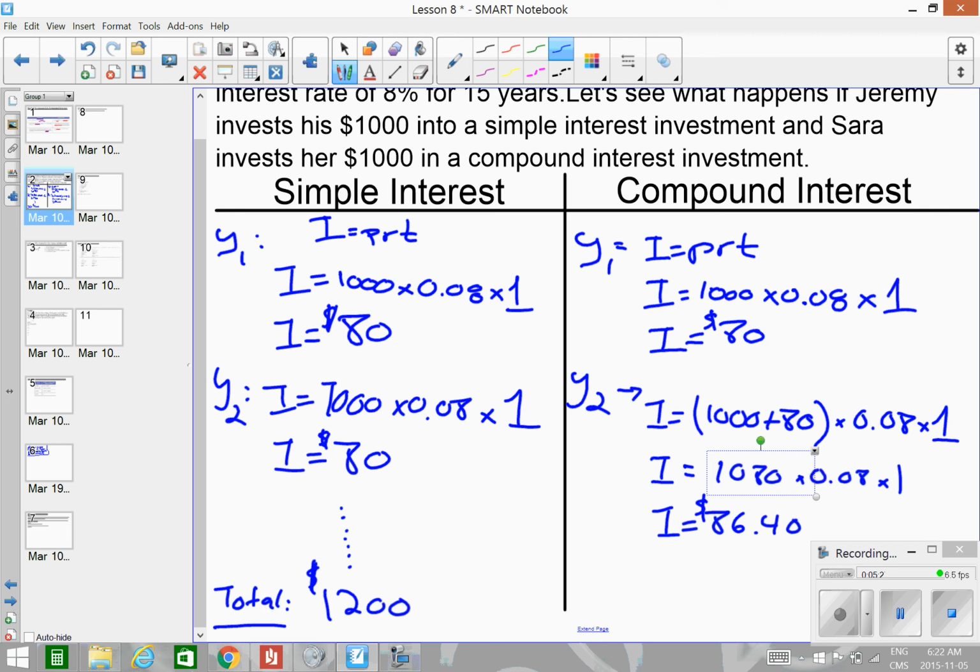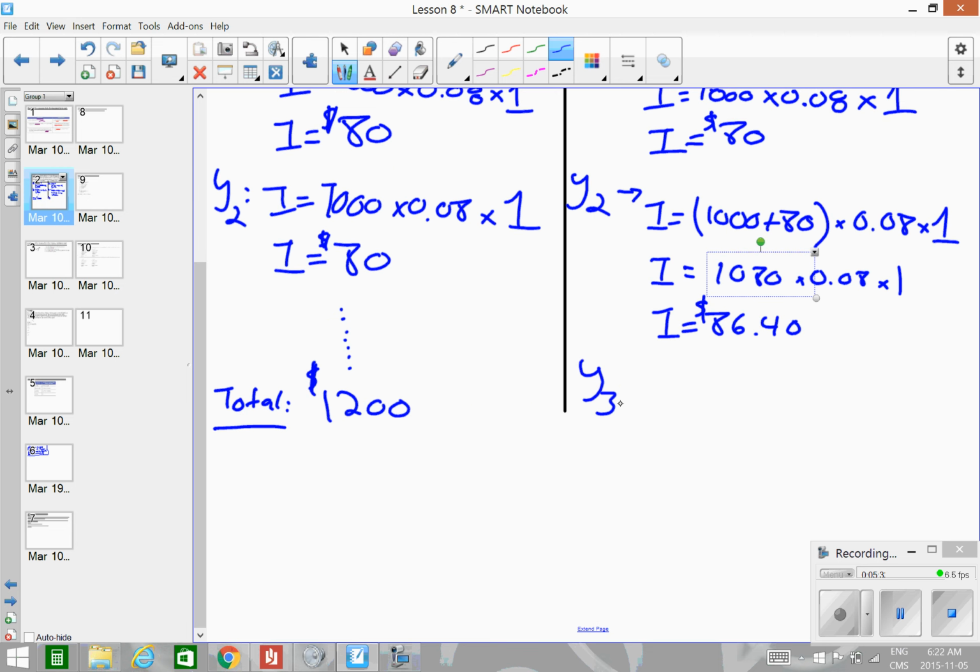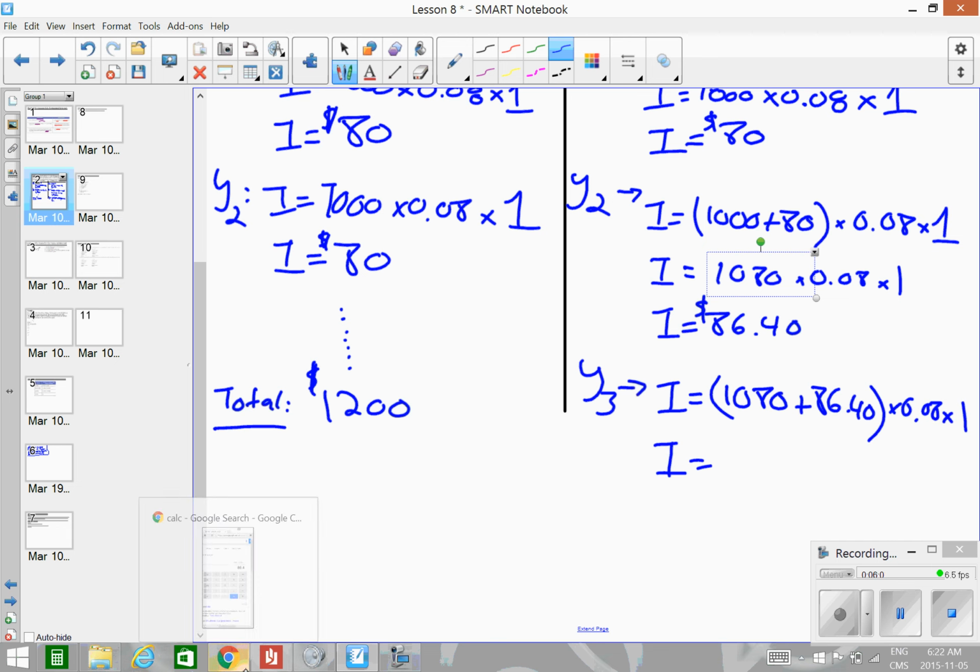All right, and then in year 3, we'd do the same. We're going to add this to our previous principal. So I equals, well, our previous principal was 1080, and we're going to add the interest we made, times 0.08 times 1. Now our interest again, we can go to our calculator.